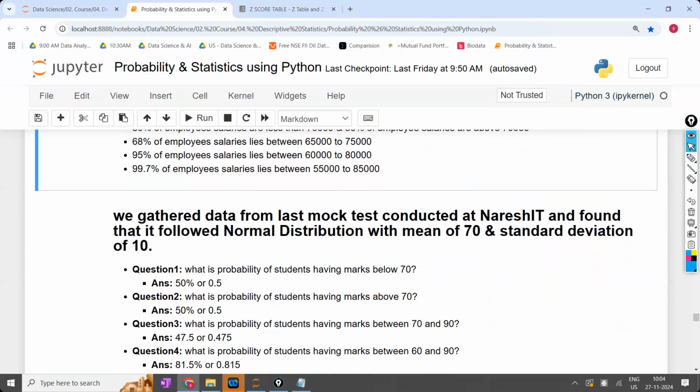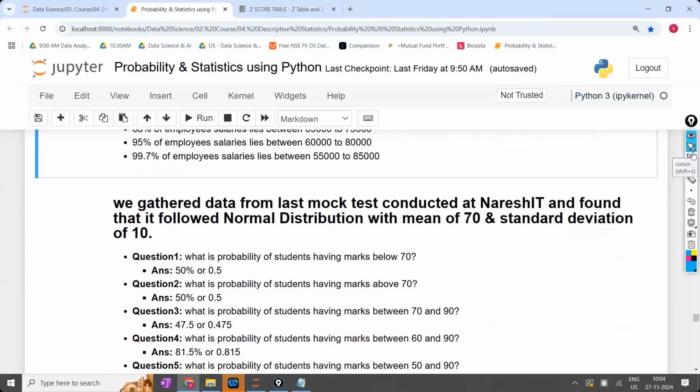Next, last question. What is the probability of marks between 50 and 90?